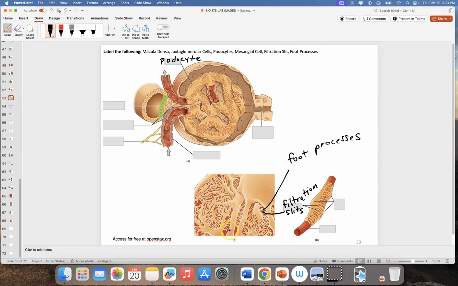We can see those throughout. This might be another place where we can identify. So here we would have a foot process. And then we can see in between, and then there's another one in between here. We have those filtration slits.